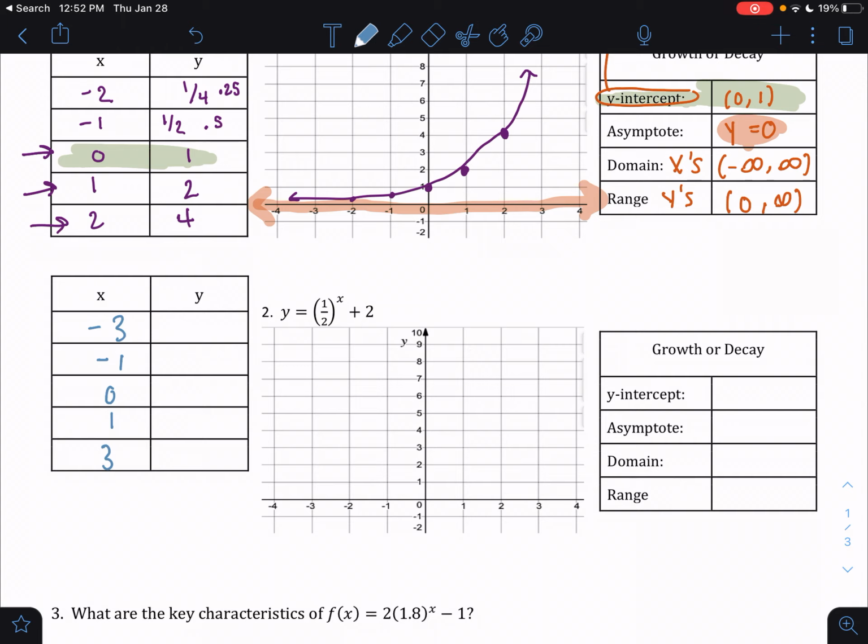So if we were to put -3 in, we would have 1/2 to the -3rd. You can use your calculator for this, that's fine. When you do that in your calculator, you should get 8, and then plus 2, which is 10. Or you can use your graphing calculator and see the table of values that you get.